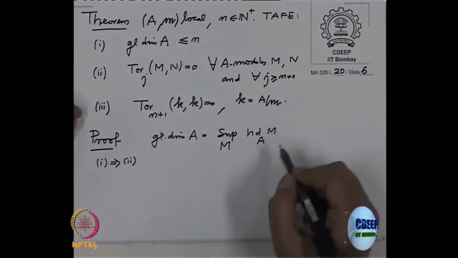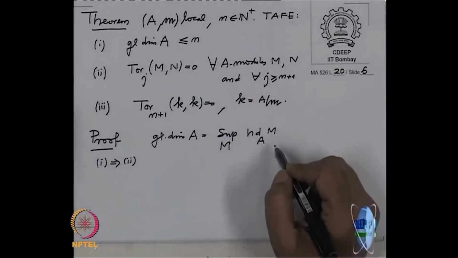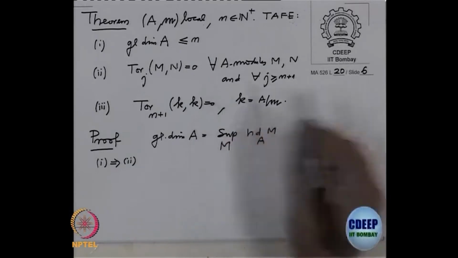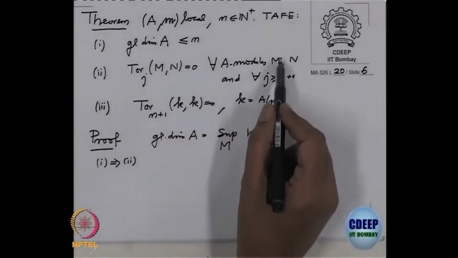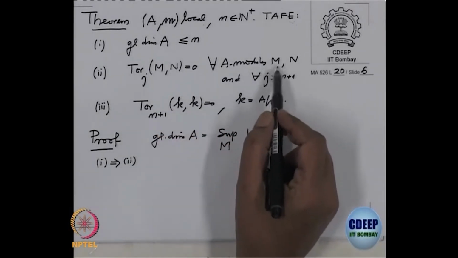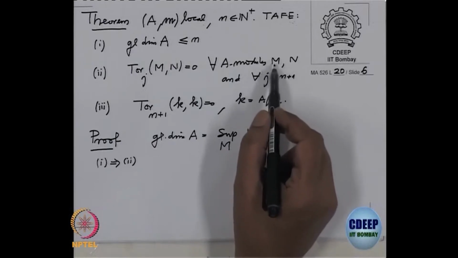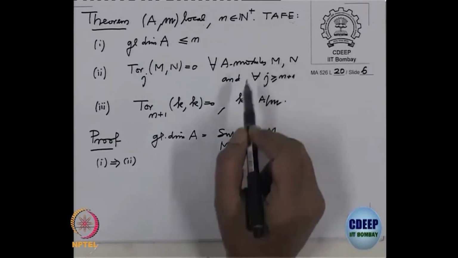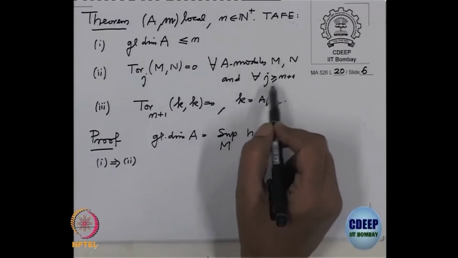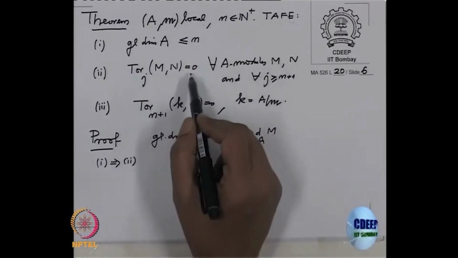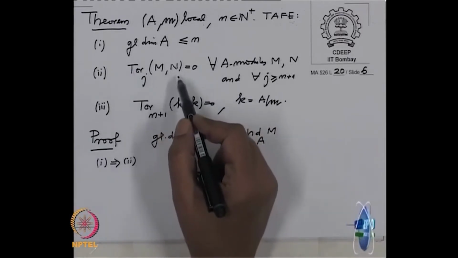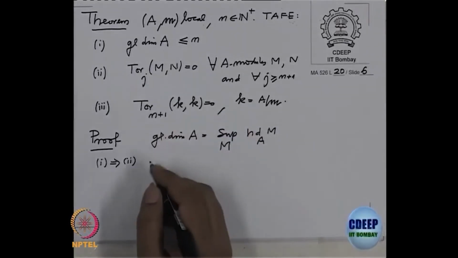That means the homological dimension of each module is less than or equal to n. But then from the earlier proposition we know, if I fix this module M and the homological dimension of M is less than or equal to n, then for any module N and for any integer j bigger than or equal to n plus 1, Tor_j(M, N) is 0. So, that is precisely what this 2 is.